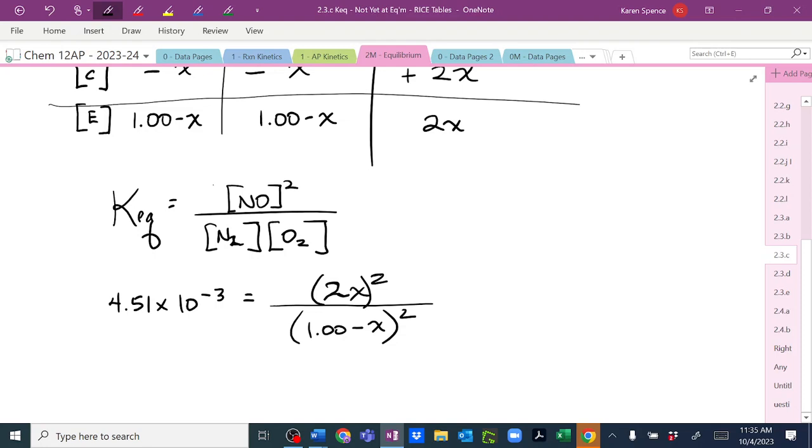You could expand everything and end up with a quadratic equation, couldn't you? But who can see an easier way of solving this problem? Chat with your neighbors, see if you can see an easier way. We don't want to do a quadratic, that's ugly.